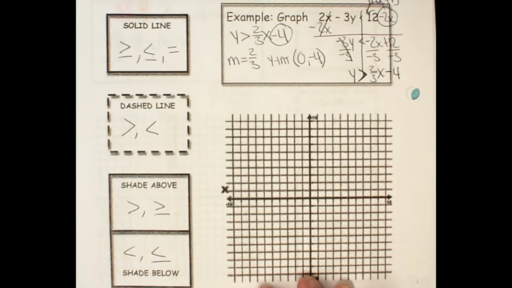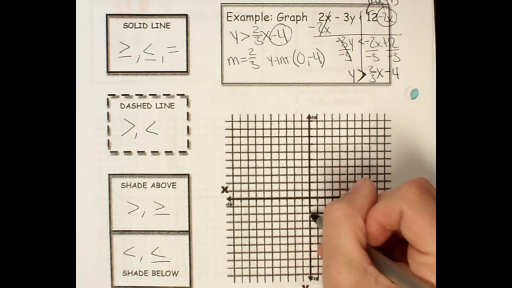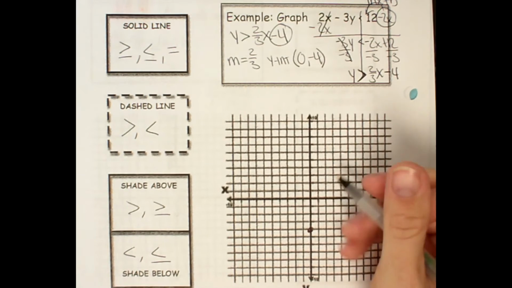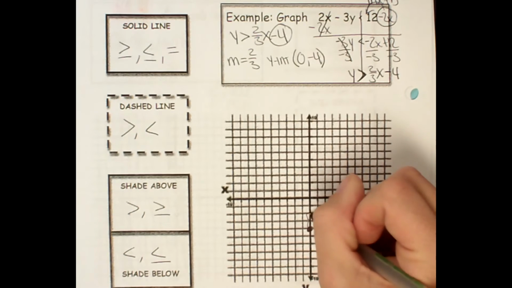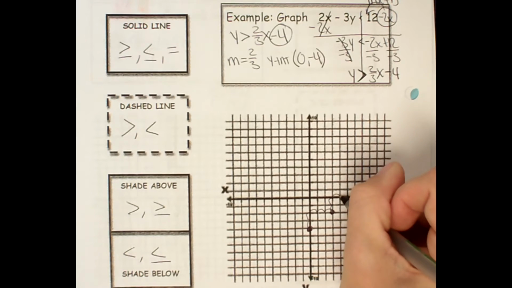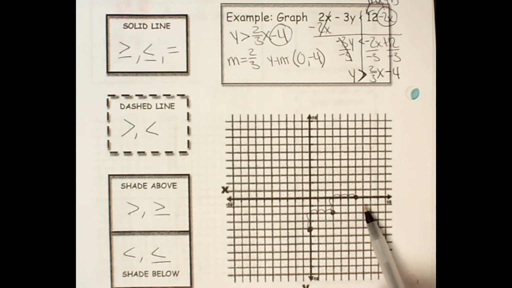So you want to graph using your slope and your y-intercept. Step 2. So I'm going to graph 0, negative 4. And then using my slope, up 2 over 3. Your rise over your run, up 2 over 3. So we have a couple of points.